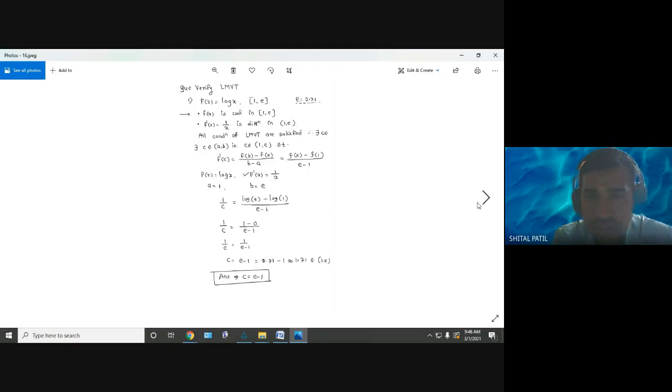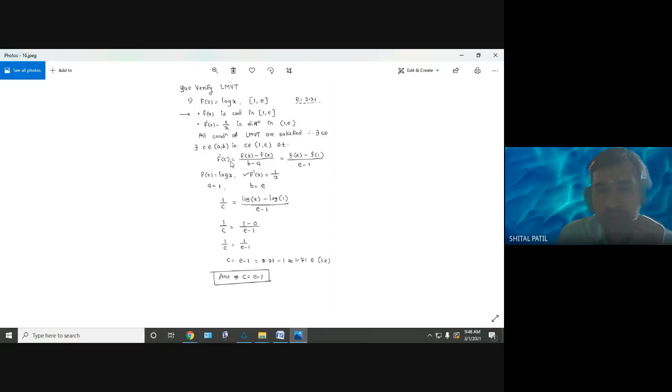All the conditions are satisfied, therefore there exists a c in (1, e) such that f dash of c equals f of b minus f of a divided by b minus a. So b is e here, so f of e minus f of 1 divided by e minus 1. F of x is log x, f dash of x is 1 upon x, a is equal to 1, b is equal to e.